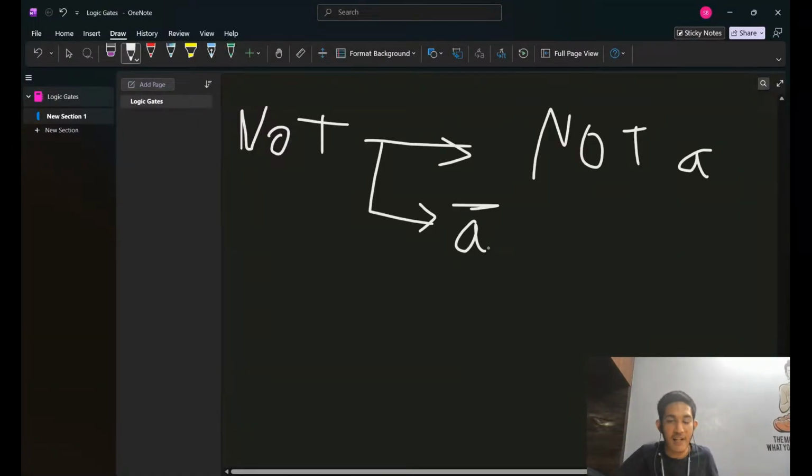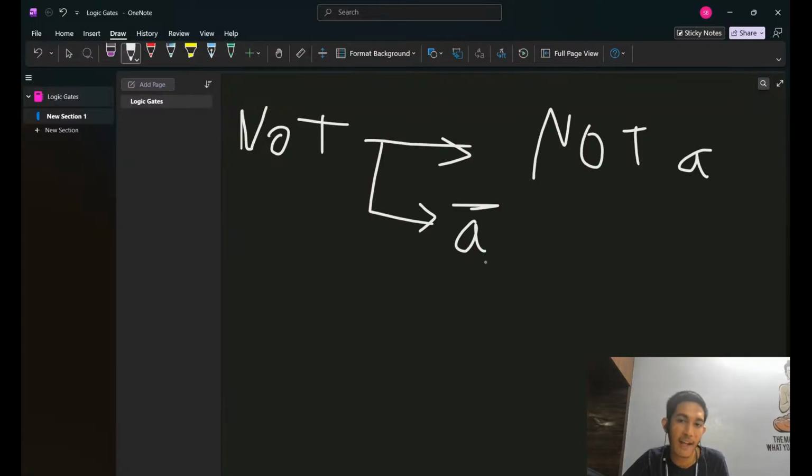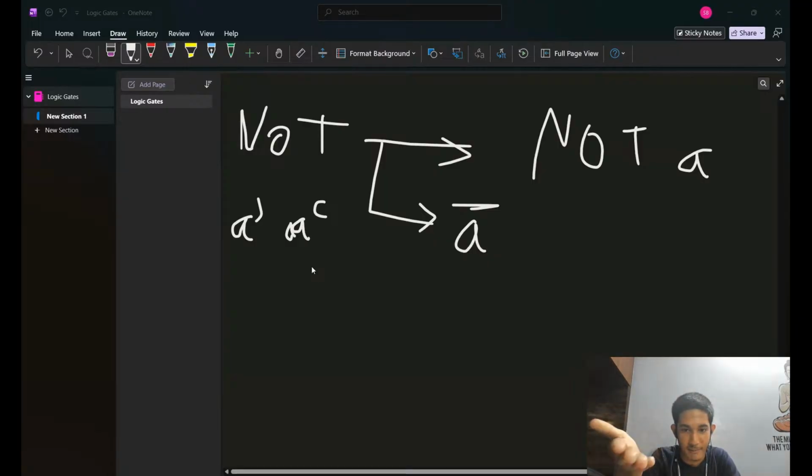Anyway, Boolean algebra states that the symbol or the picture for this will be A with a dash on top, basically A negating. This is similar to set theory. Not many of you may know, but in set theory, it's like the complement of a set with a dash or with a C on top. It's basically everything but what is the number.